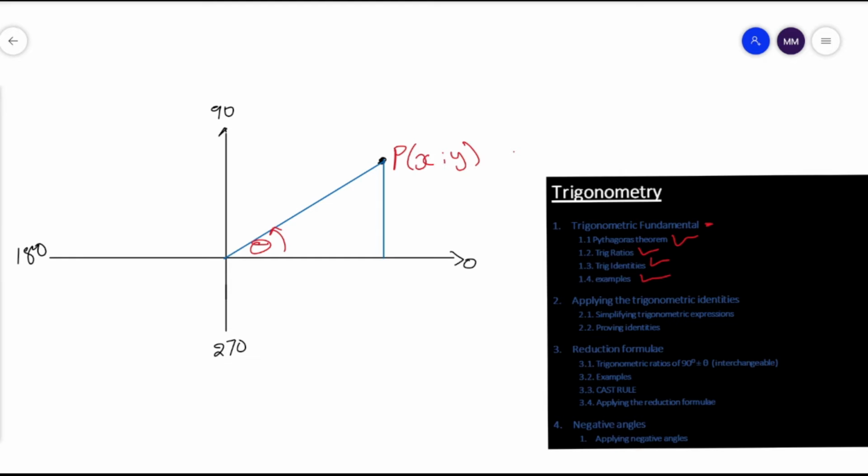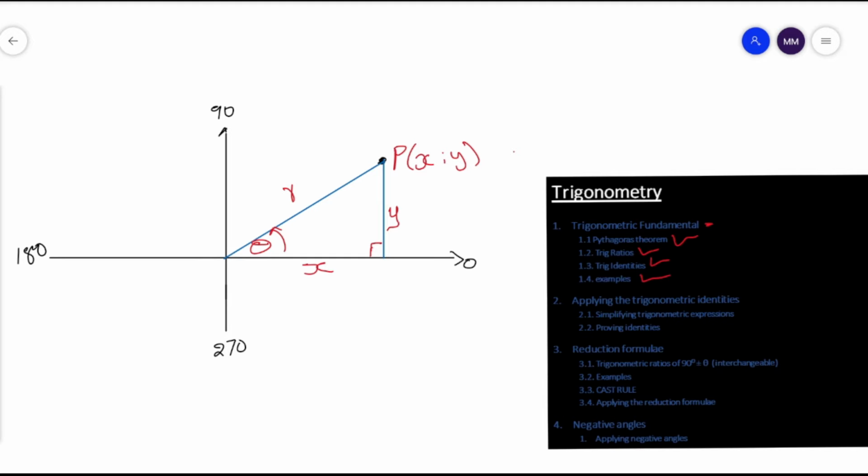Because point P has coordinates X and Y, we can define our triangle as a right angle triangle with this side being Y and this side being X. And the longest distance, we'll call it R, which represents the hypotenuse.